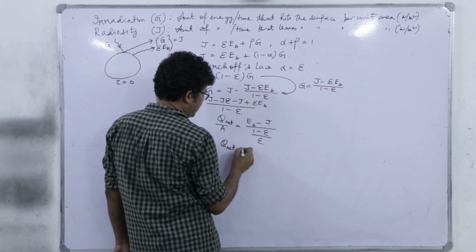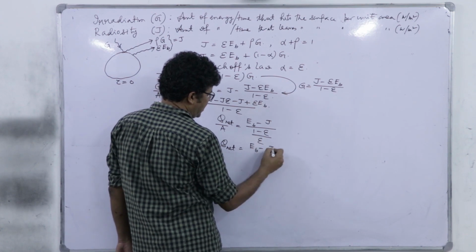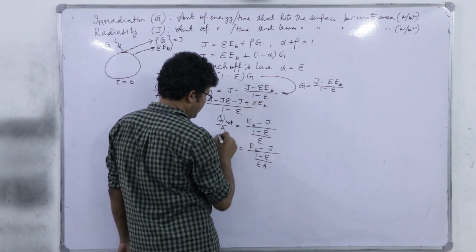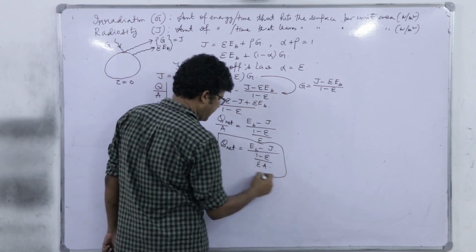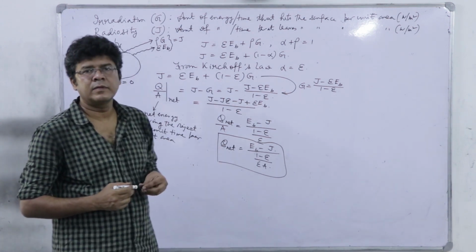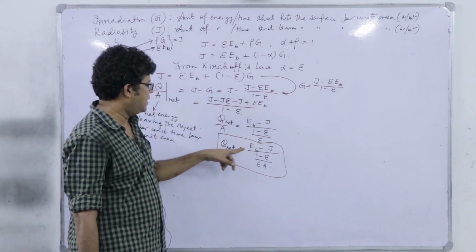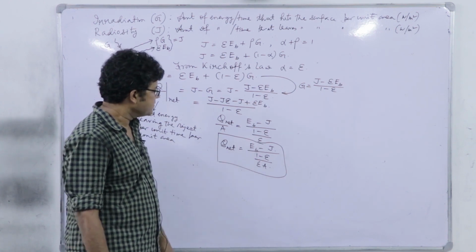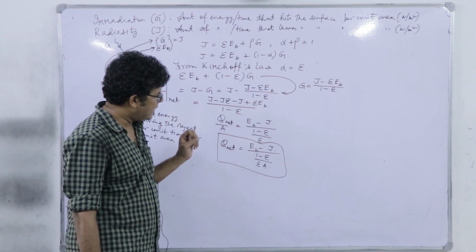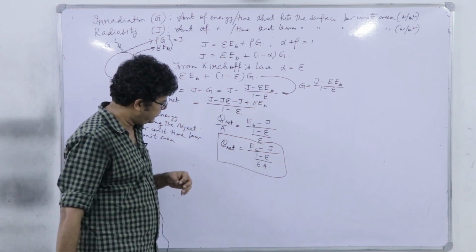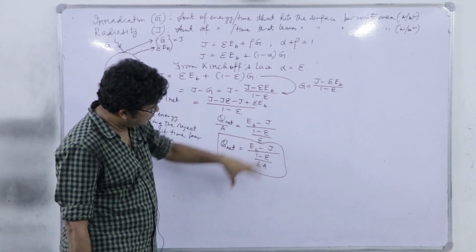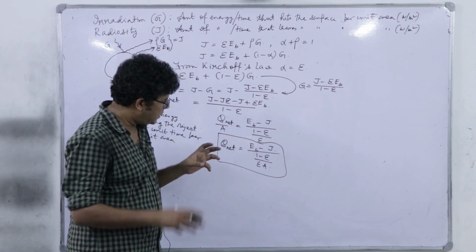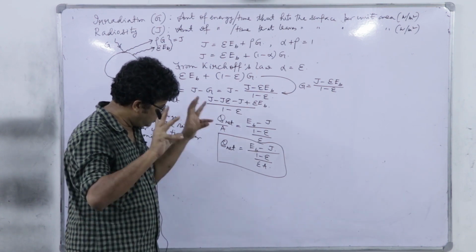So Q net becomes EB minus J divided by 1 minus epsilon by epsilon A. If you look at this expression, Q net is the rate of a process, and there are two nodes.